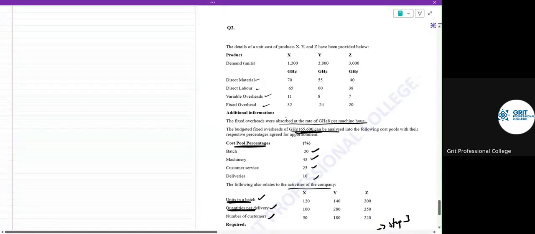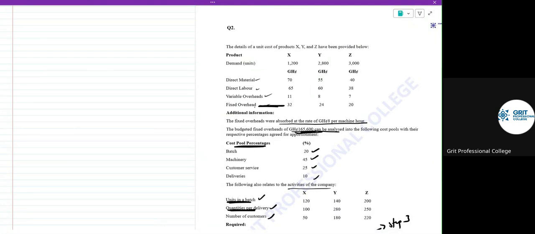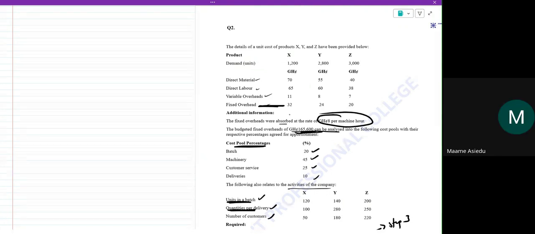Let's go to the additional data, which is the next thing. It says the fixed overheads we are seeing here were absorbed at a rate of 8 cedis per machine hour. What is this 8 cedis per machine hour called? Or what name will you give it? OAR, overhead absorption rate.